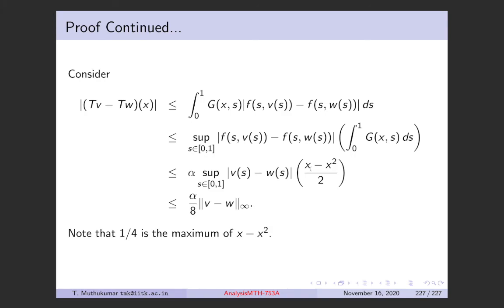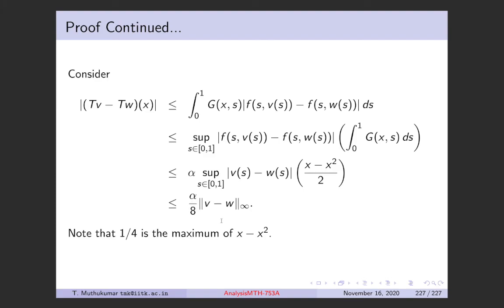And if you differentiate once more, look at the sign of the second derivative, then you can conclude what the maximum and minimum of this function are. So x minus x squared has 1 over 4 as its maximum. So this gives you 1 over 8, which becomes alpha over 8 here. And that's precisely why we wanted alpha less than 8, so that alpha over 8 is less than 1. Because for contraction we want this constant to be less than 1.